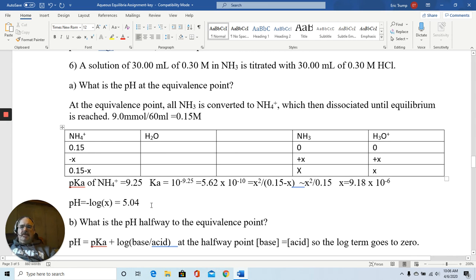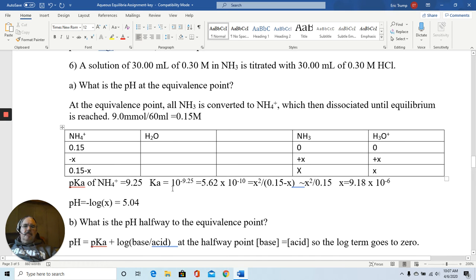Using our ICE chart, the pKa of ammonium is 9.25, Ka 5.62 times 10 to the minus 10th. Ka expression is ammonia times hydronium over ammonium.